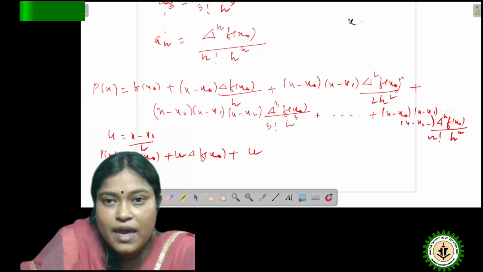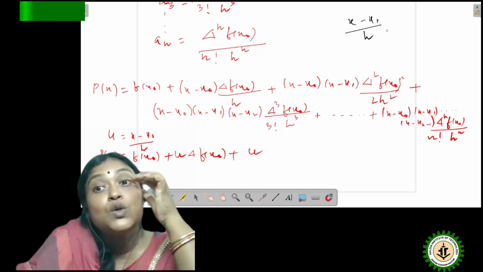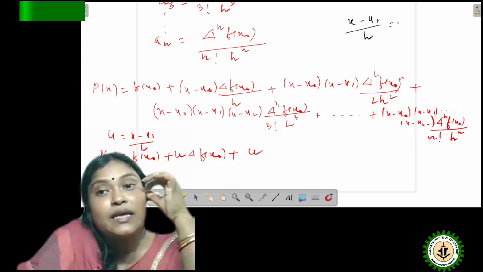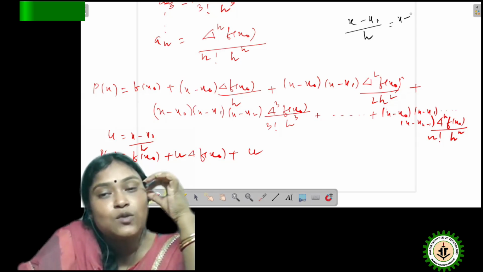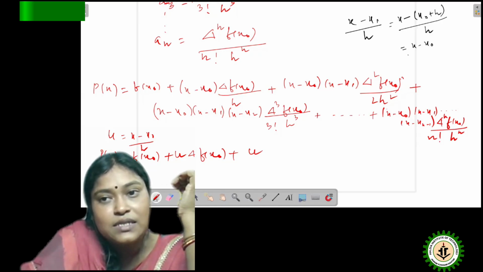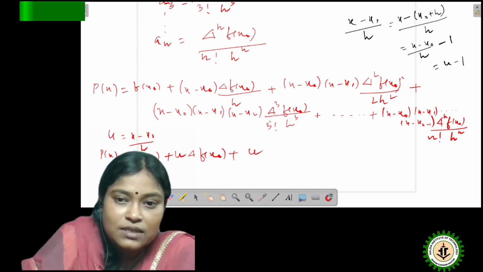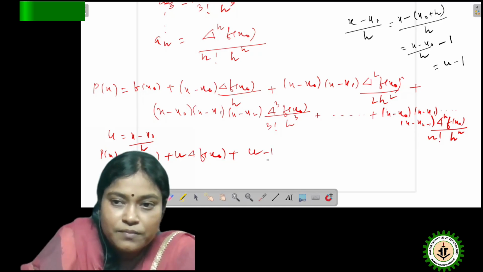See, I have x minus x1 by another h. So this can be written as x minus, what is your x1? X1 is x naught plus h. So x naught plus h by h. Now x minus x naught by h minus h by h, that is 1. So that is equal to u minus 1, I can write. So here I can put this as u minus 1.